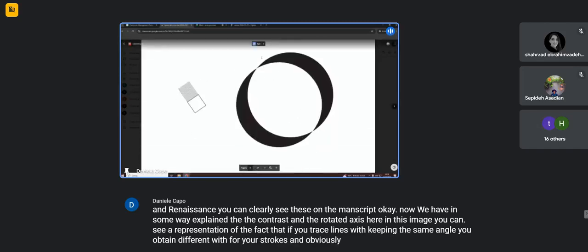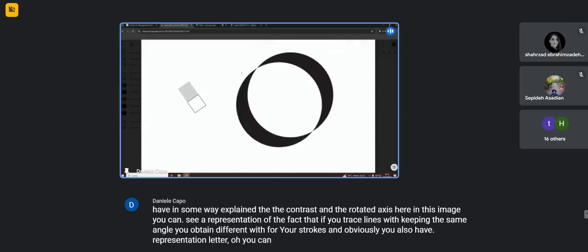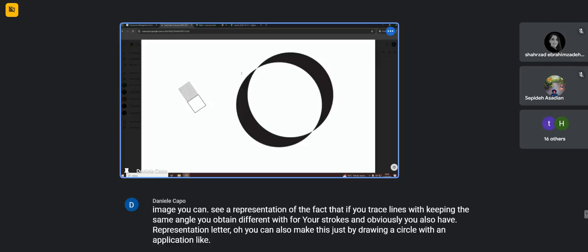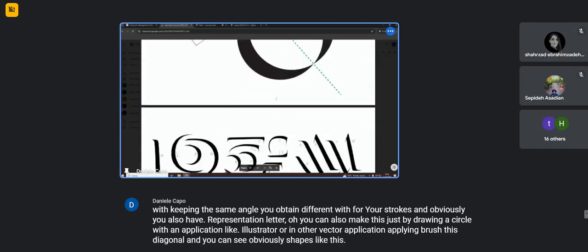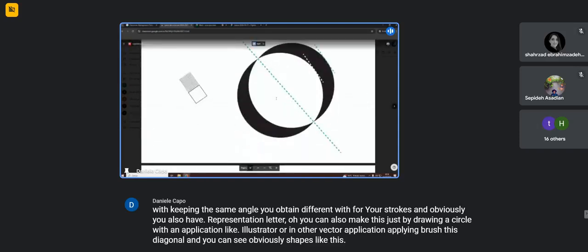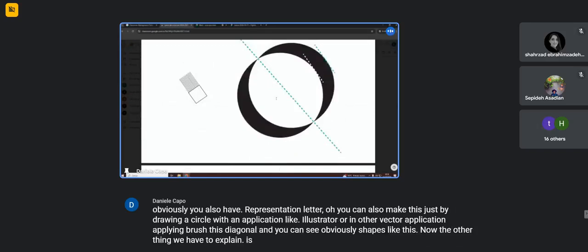And obviously you also have this representation of the letter O. You can also make this just by drawing a circle with an application like Illustrator or another vector application, applying a brush that is diagonal, and you can see obviously a shape like this. Now, the other thing we have to explain is the serif.